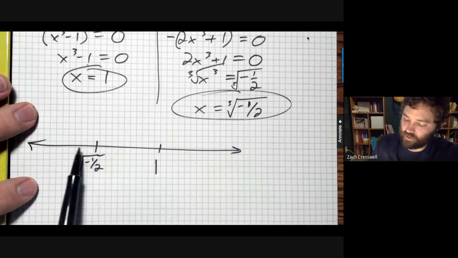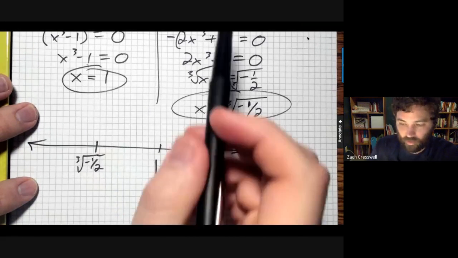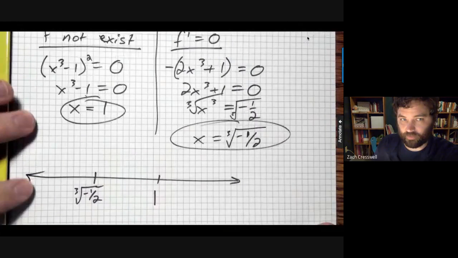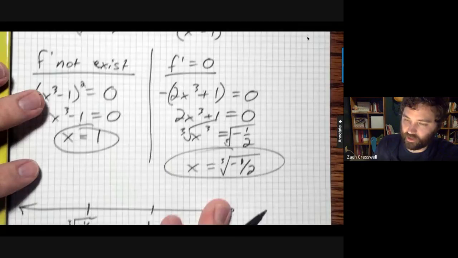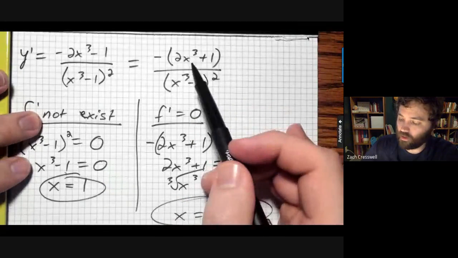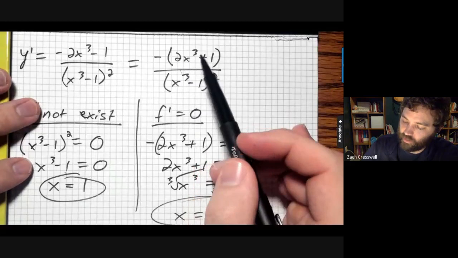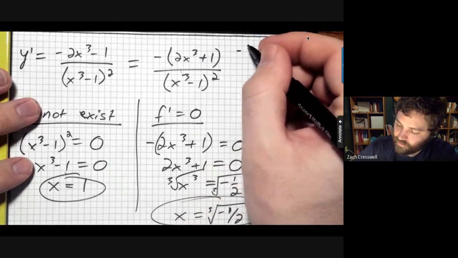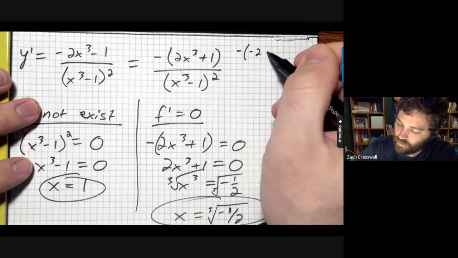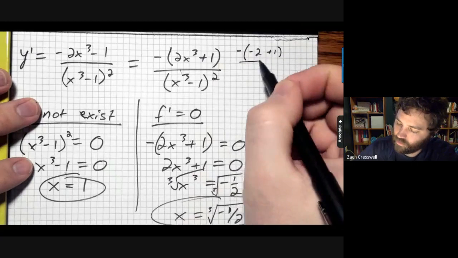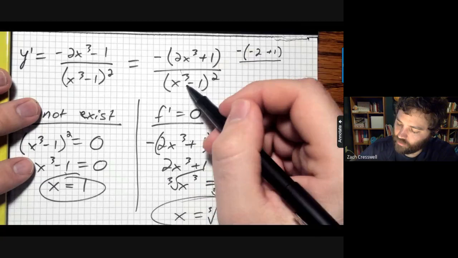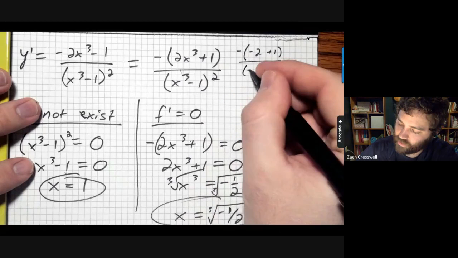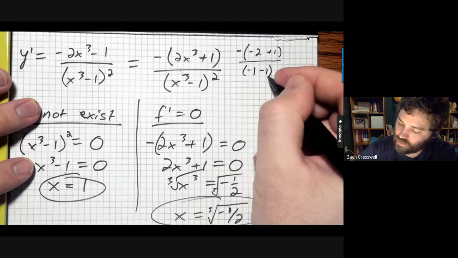Then I'm going to check points on each interval. I'm going to plug them into the derivative to figure out what the signs are. Okay. So this is cube root of negative 1/2. So I think negative 1 has to be to the left of that. So we can plug negative 1 in here. If I plug negative 1 in up here, I'm going to get negative, negative 2 plus 1, divided by, if I plug in negative 1 here, I'm going to get negative 1 minus 1 squared.